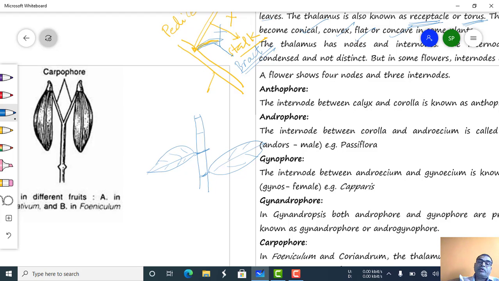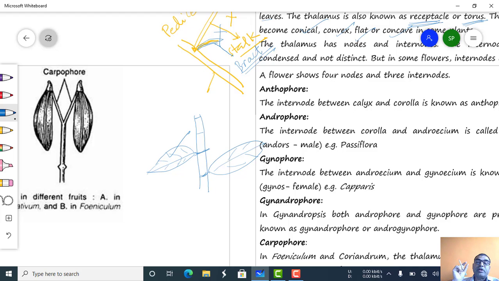Usually in monocots one can observe the presence of nodes, but in dicots these nodes are inconspicuous, not visible, but one can decide the place of the node by means of the presence of the leaves.